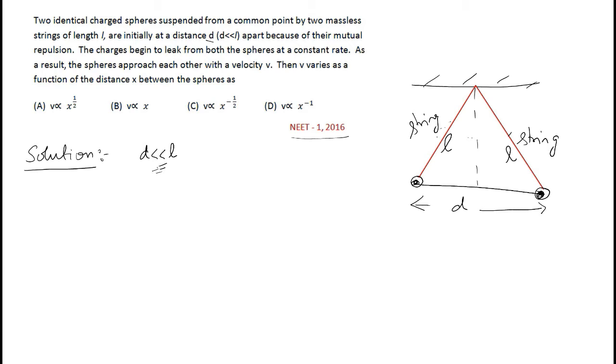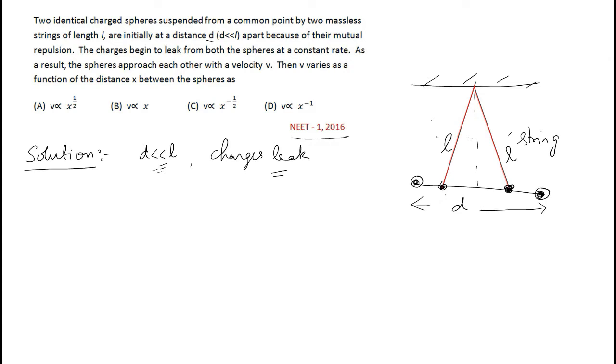Now what happens? The charges leak from both the spheres. So the spheres start coming closer because they have less and less charge. Now the two spheres have come closer.